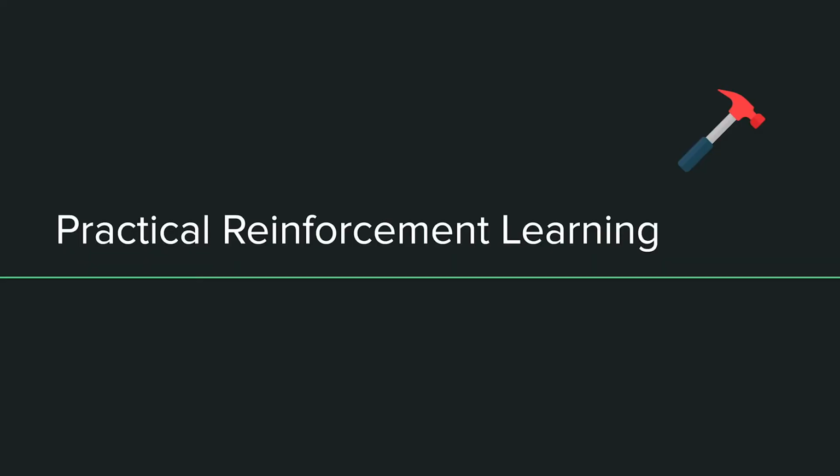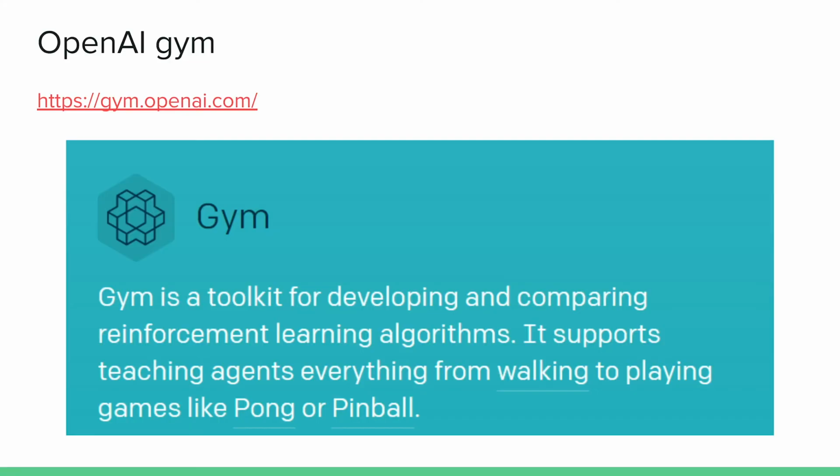Some of the practical reinforcement learning tips that I can give you along the way. First of all, the OpenAI Gym, which is a great toolkit for developing and comparing reinforcement learning algorithms. It contains a really clean way of training reinforcement learning environments.